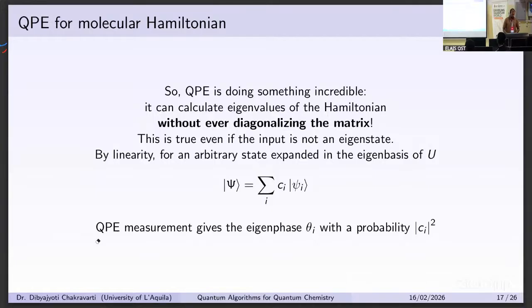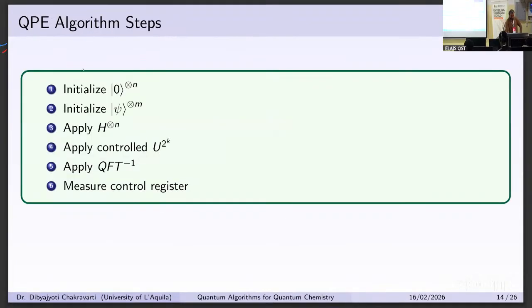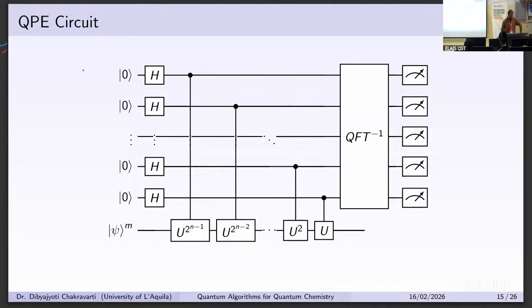But the only problem, which I mentioned at the beginning, is that, as you can well see, the circuit is huge. If you want a good precision, then the circuit will increase in the length of the number of control unitaries which are being applied.